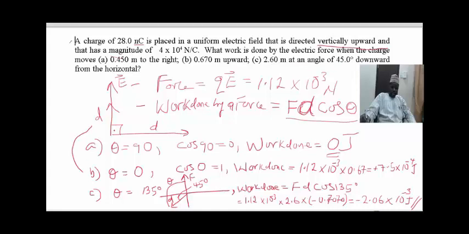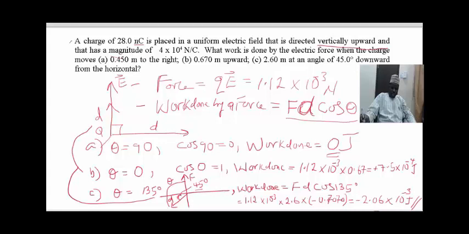In the third situation, we displace the object 2.6 meters at an angle of 45 degrees downward. So here is that description. If this is where our charge is, we displace it down here, such that the angle between our direction of displacement and the horizontal line is 45 degrees.